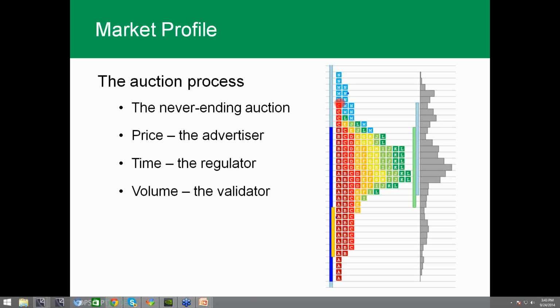So the construction of the profile is, you can see the A period here is the entire range for the first 30 minutes of the day. The B period here is the entire range for the second 30 minutes of the day. The C period, the third 30 minutes of the day, and all of these are pushed to the y-axis.